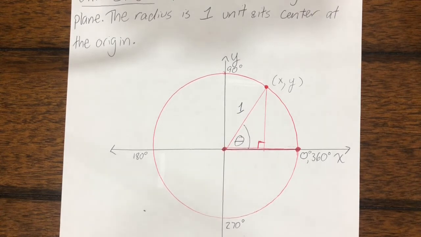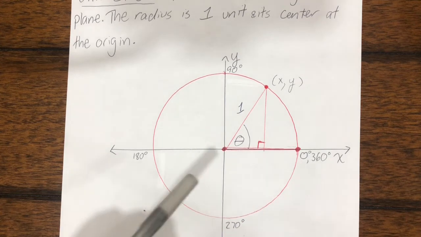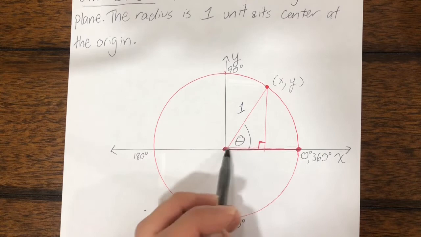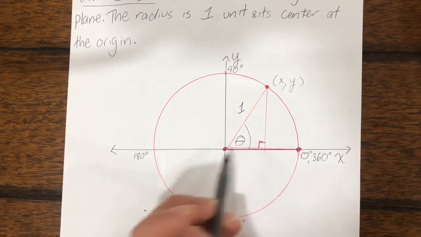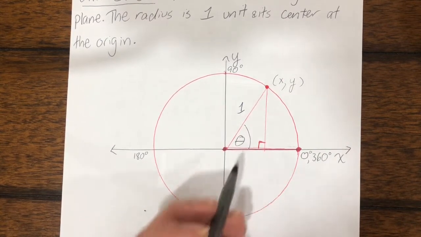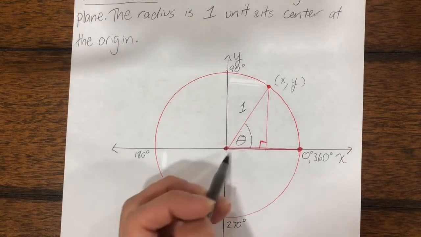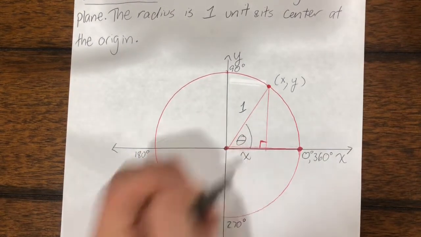Now I can label those two sides of the triangle as x and y, and there's a reason for that. If we take a look at the base of this triangle, it is on the x-axis and is going in an x direction, so I can label this one as x.